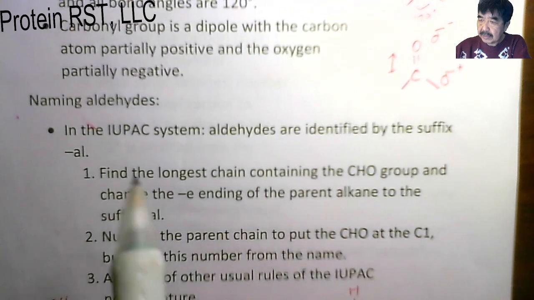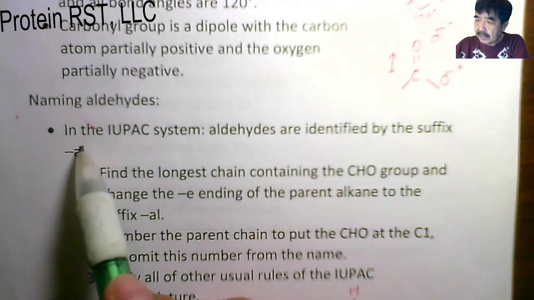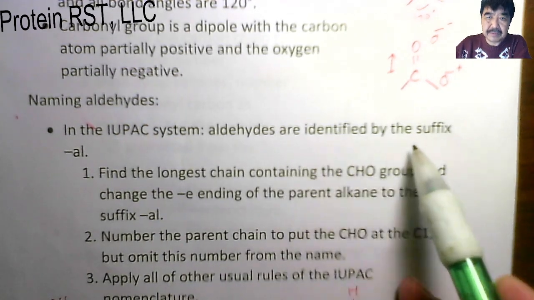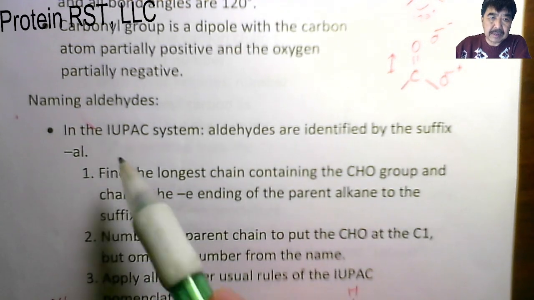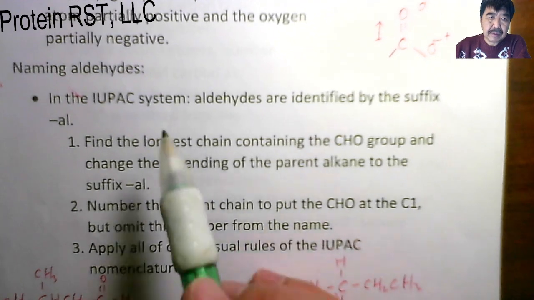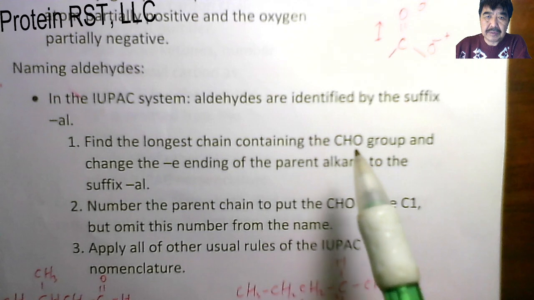Next, let's take a look at how to name aldehydes. In the IUPAC system, aldehydes are identified by the suffix -al. Find the longest chain containing the CHO group.